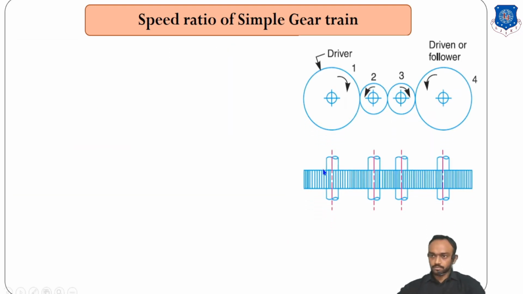Now I am giving another example. If there are 4 gears, what will be the speed ratio for this system? I can write N1 as the driver, and this is the driven. So N1 upon N4 is equal to number of teeth of driven, meaning T4, divided by number of teeth of driver.